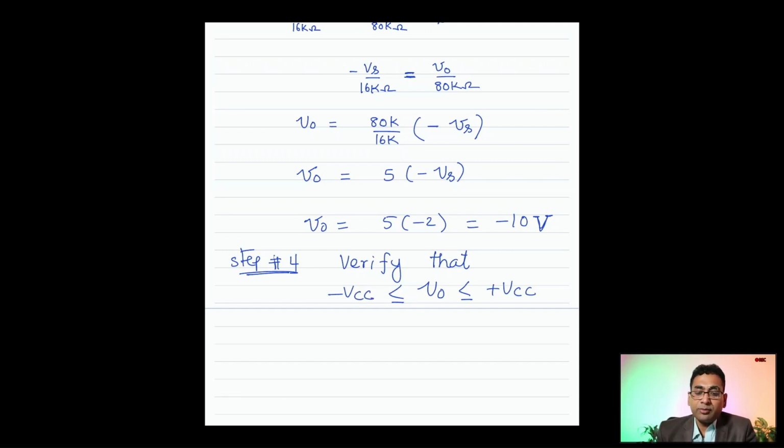So you want to make sure that your power supplies are setting the limits for the output that you arrive at in the answer.